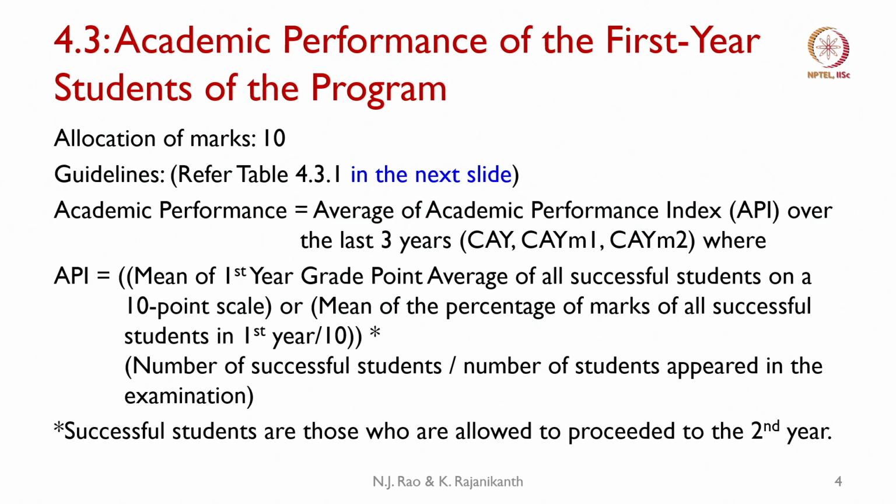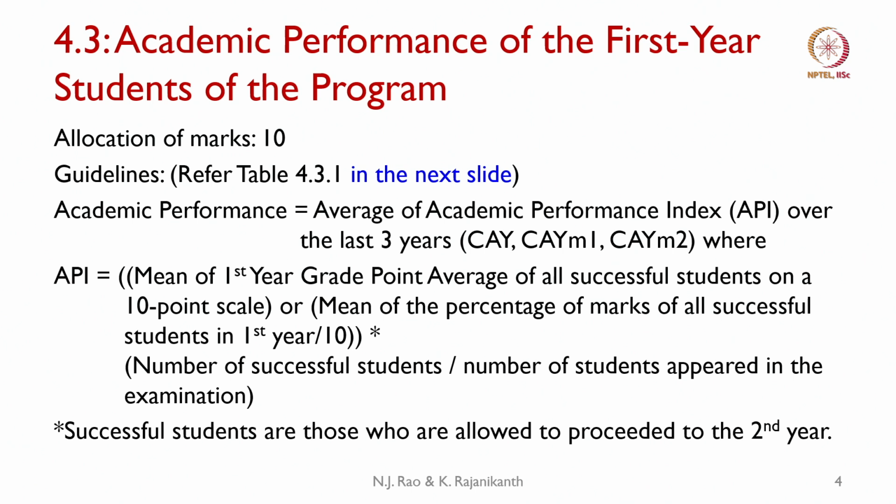Now, who is allowed to proceed to second year depends upon the regulations of the affiliating university or the affiliating body, whichever is responsible for it. If it is a deemed university, then its own academic bodies. Some institutes or universities put a bar, a gate, on who is allowed to proceed to second year, like one should not have more than 4 backlog subjects.